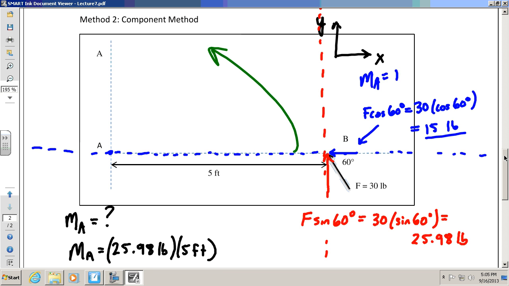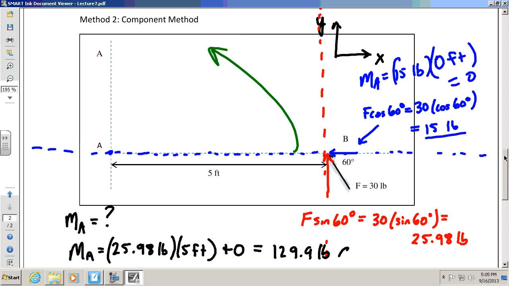It's going to be 15 pounds times 0 feet. 0. Done. Nothing to it. So the answer for the moment about A is going to be that plus 0. And if you work it out, 25.98 pounds times 5 is 129.9, and again, counterclockwise. So you get the same answer. That's what I'm trying to say.